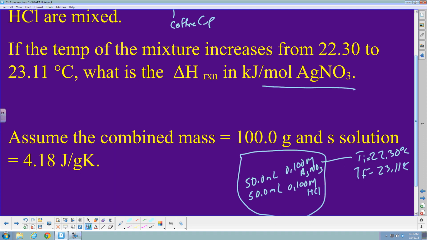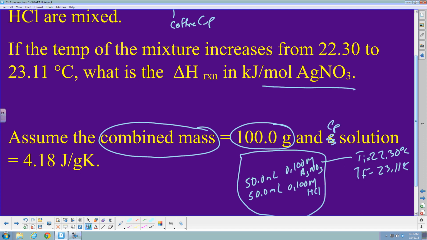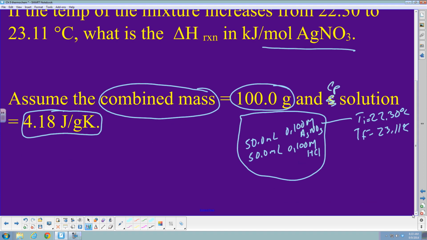The question is, what is it per mole of silver nitrate? It says assume the combined mass of the solution is 100 grams, and the C sub P of the solution is 4.18. Good. So here we go. What's the first thing I want to do? I want to get my Q solution. And Q solution is mass solution, C sub P solution, delta T solution.